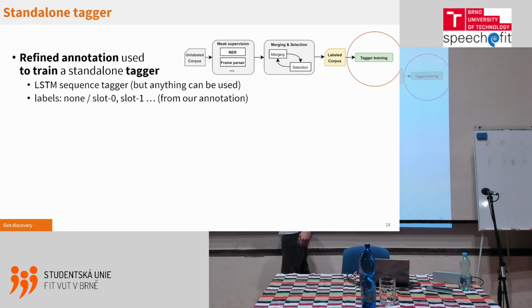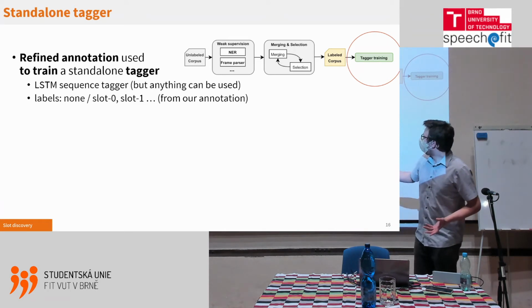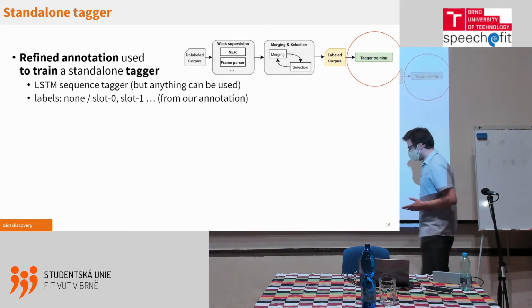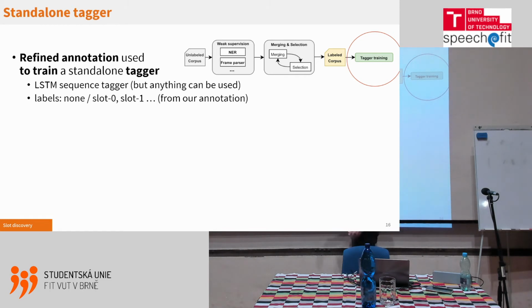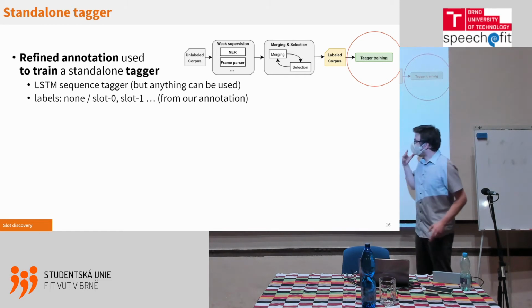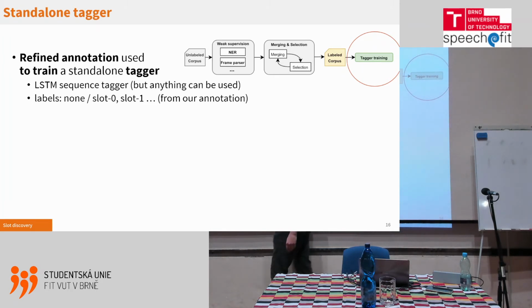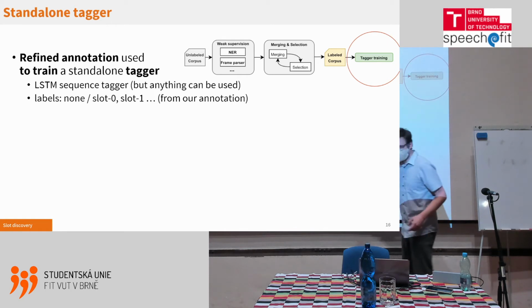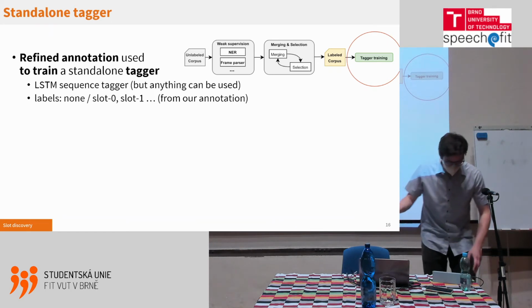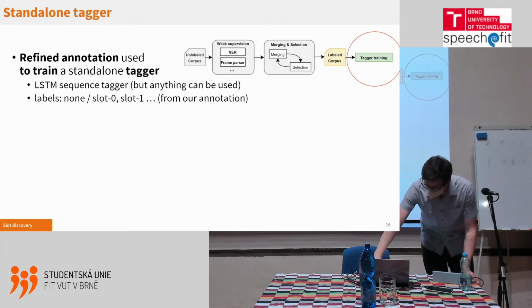We actually don't know the names for the slots, so it's not like price or area, because the annotation was slightly different and we merged things, and you don't know what label, so we just numbered them. In practice, you would probably have to look at the resulting annotation and give the slots names to connect it to a database. But this is something we left out of our experiments.